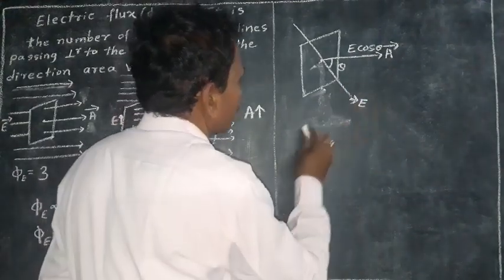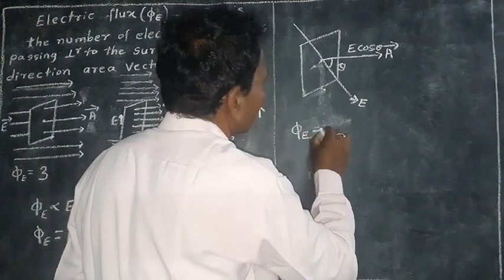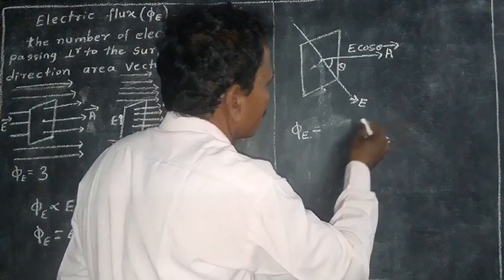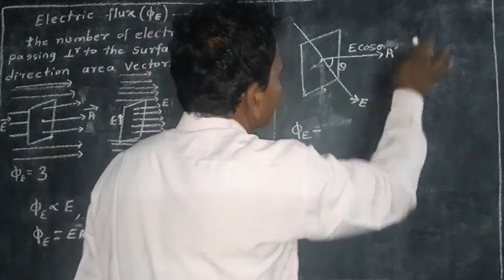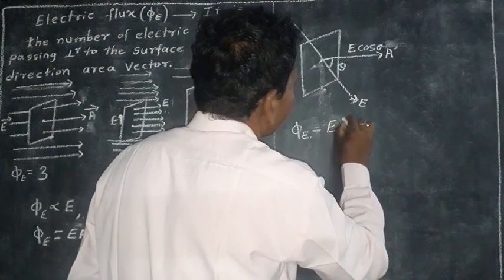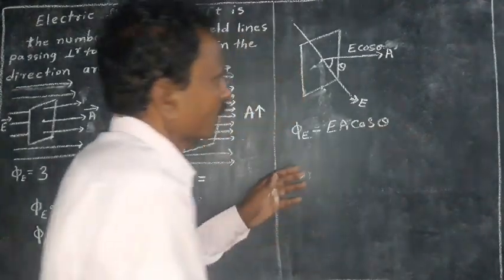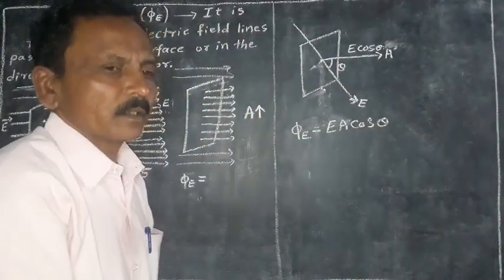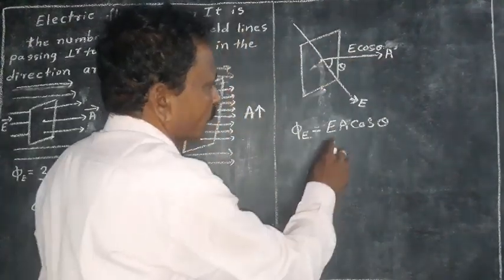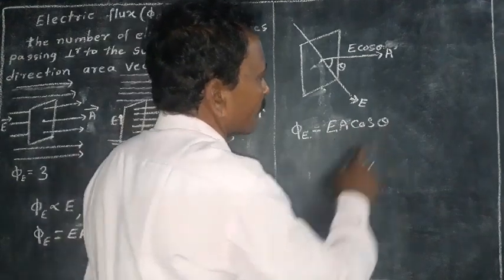Therefore, here electric flux phi E is equal to E cos theta into area, or E into A cos theta. E cos theta is the component of E perpendicular to the surface area. Therefore, phi equal to EA cos theta.